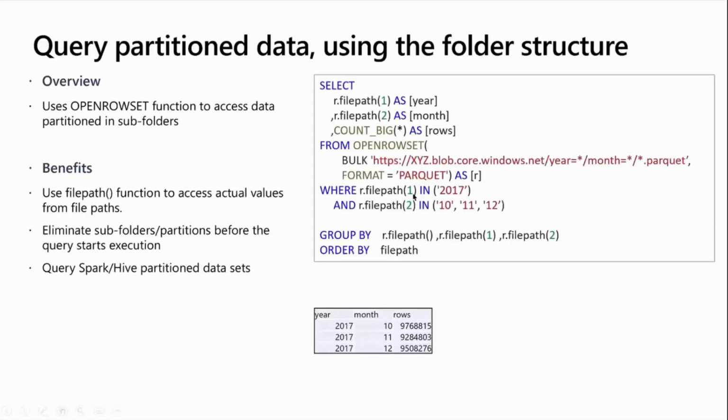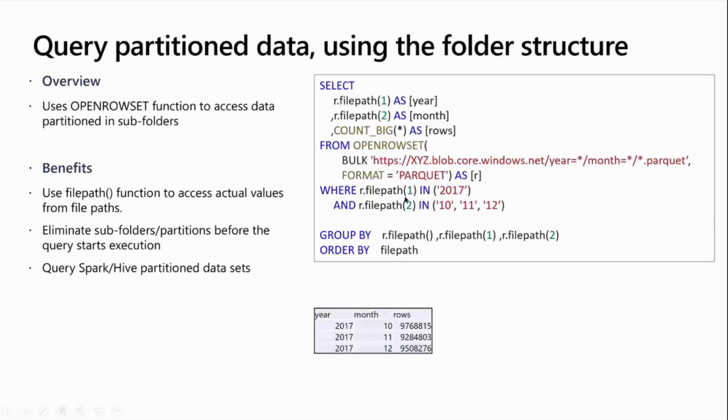I can query partition data. In here, I'm using a predicate to say the file path, which is a function for the first wildcard, has to be equal to 2017. So it's going to look for the first wildcard and say, okay, I'm only going to look for year 2017. And then for months, I'm only going to look for the fourth quarter, so October, November, December, and that's going to be for the second wildcard.